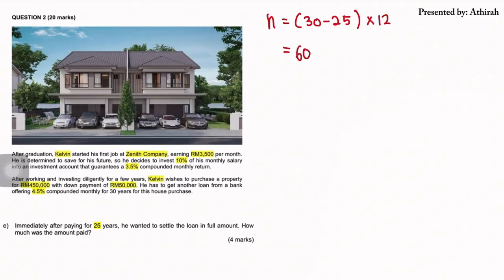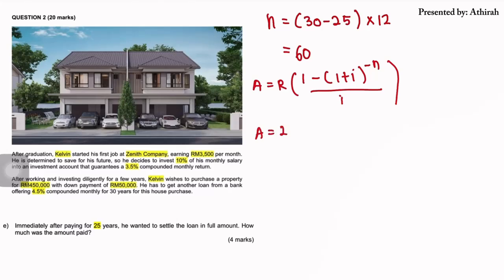And for this question, we're going to use the formula A equals to R 1 minus 1 plus i power of negative n divided by i. So we're looking for A, so we're just going to substitute the amount of R, which is 2,026 ringgit and 74 cents. And for the rest of the equation, you're just going to substitute the values that we have from the previous questions.